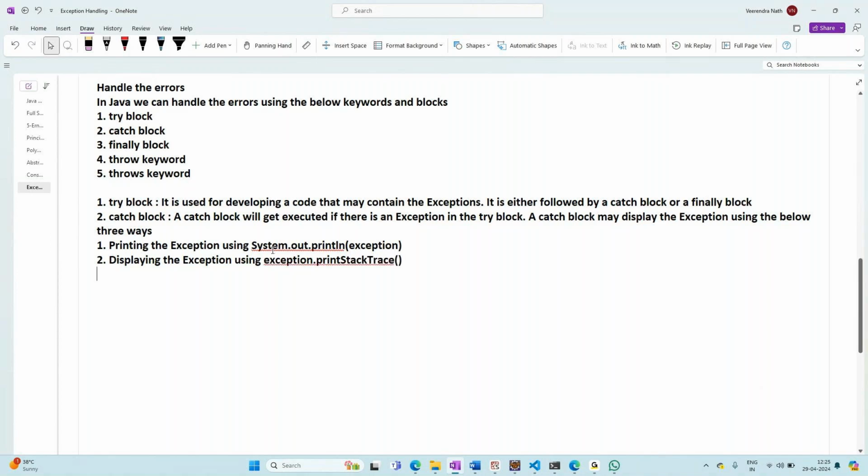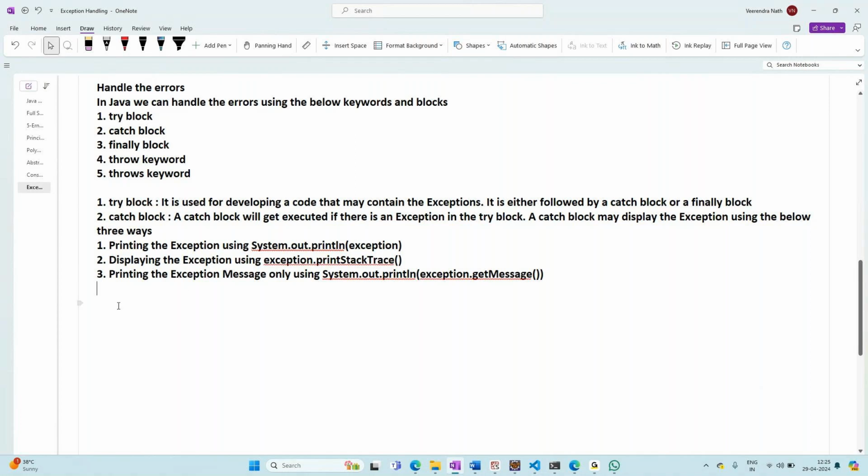And finally, printing the exception message only using the exception.getMessage method. So this is the way that it goes.